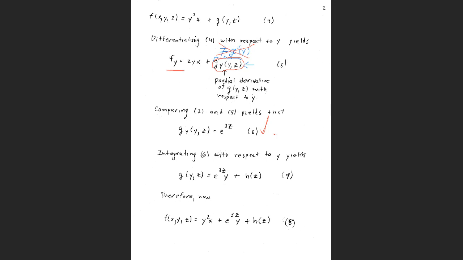Now what we want to do is integrate this partial derivative with respect to y, because we want to know something about the g function. Remember what our function is.